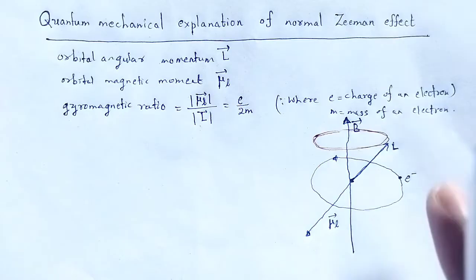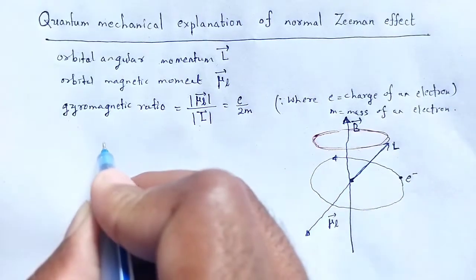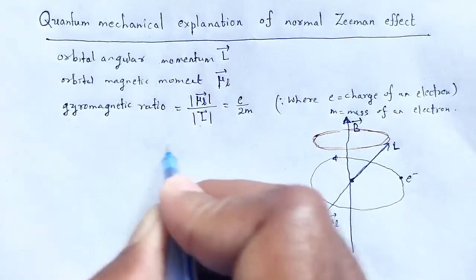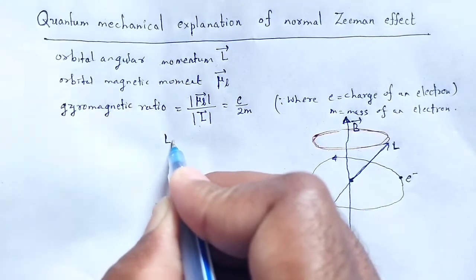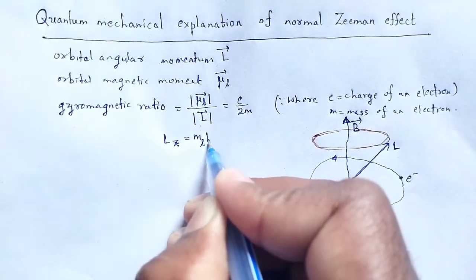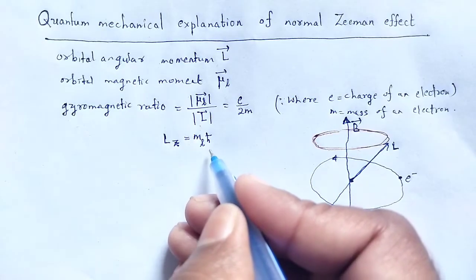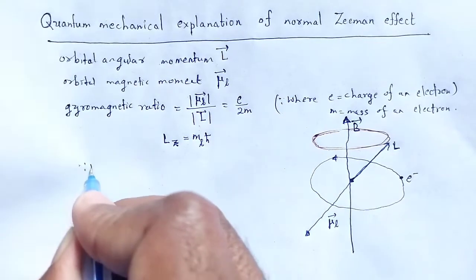The z component of L, Lz, is given as ml h cross, where ml is the orbital magnetic quantum number.